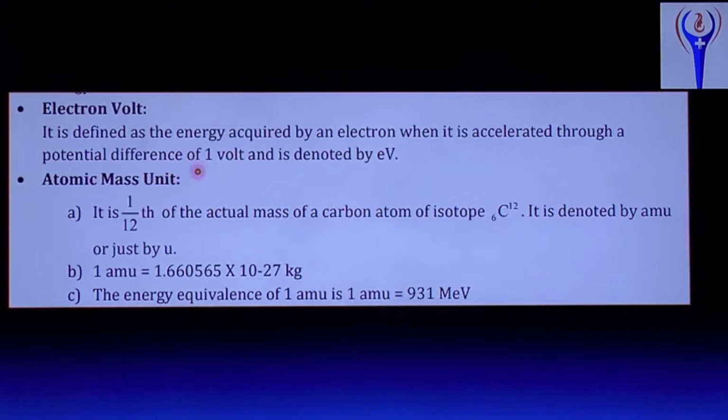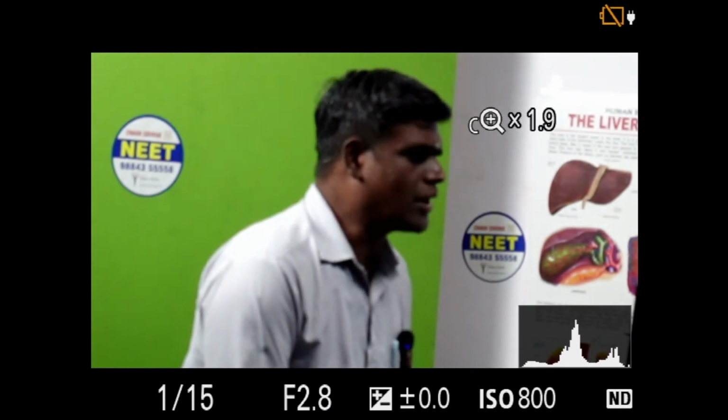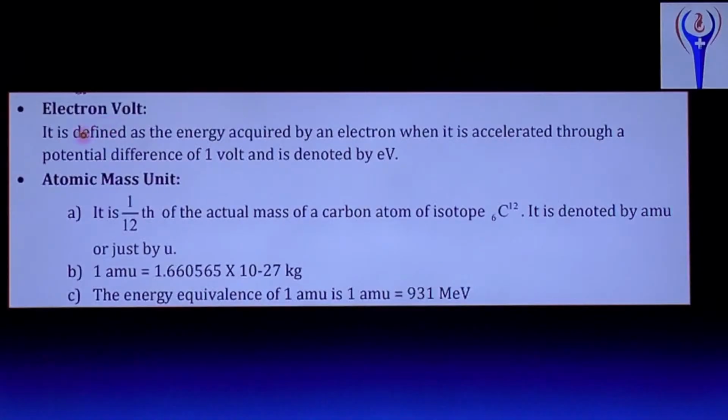Electron volt. Some of the units we are going to discuss are only for atomic physics and nuclear physics. That is electron volt and atomic mass unit. What is electron volt? Electron volt is the unit of energy in atomic scale or nuclear scale. We use it in many places in problems, for conversion of eV to joules or joules to eV.